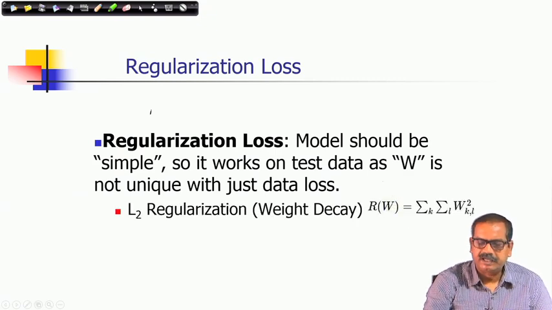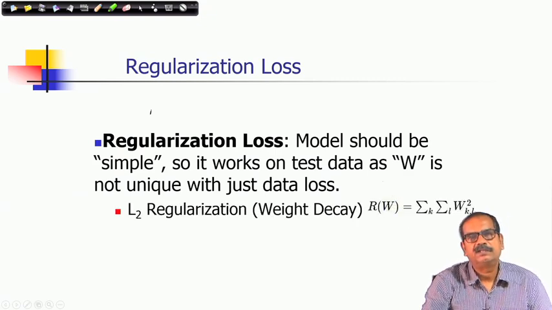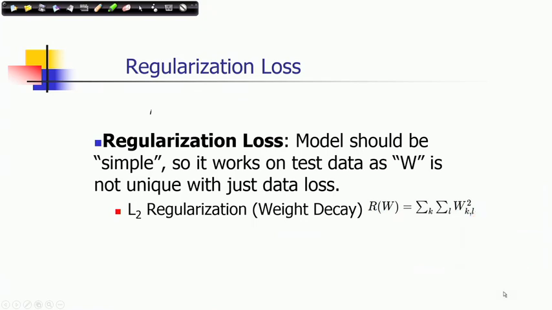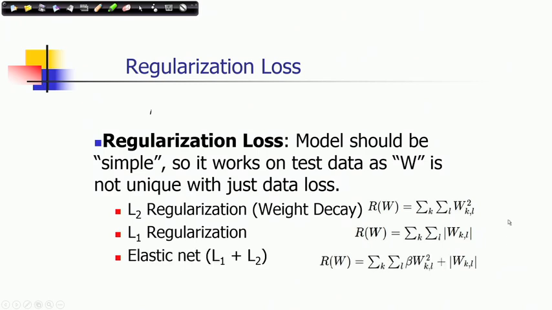There are different kinds of regularization functions which put a constraint on the values of W. For example, you would like to minimize the sum of the square of the magnitude of W, that is L2 regularization, or we can use L1 regularization, where instead of the square we use absolute values. You can have a linear combination of these two, which is an elastic net regularization.